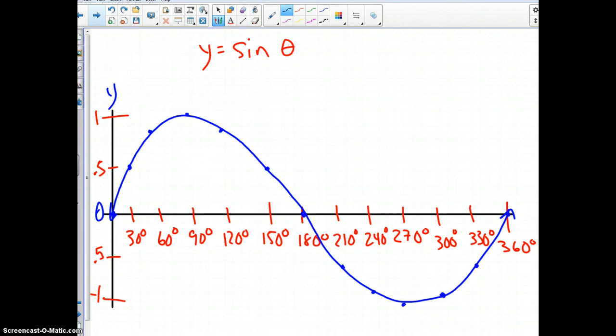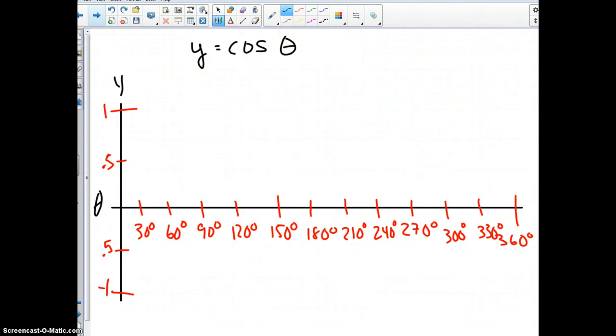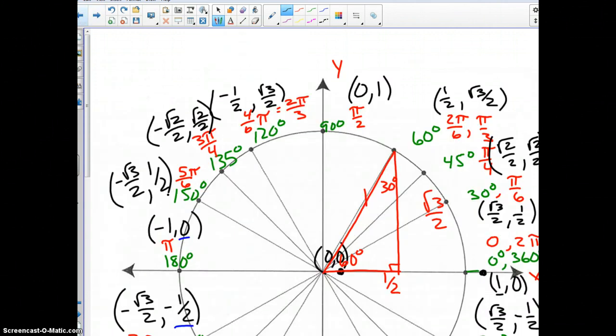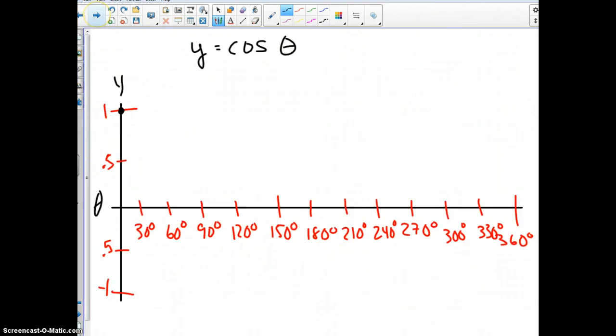So cosine of 0 degrees starts at 1. Now you move on to the cosine of 30 degrees. Going back to your unit circle, you look at the x-coordinate, square root of 3 over 2, which is about 0.866.